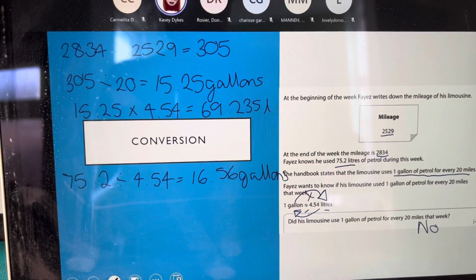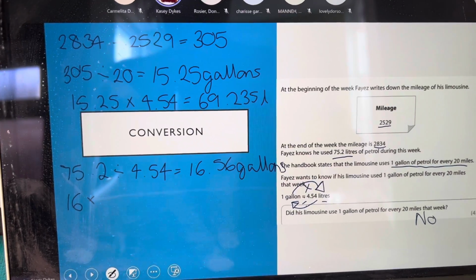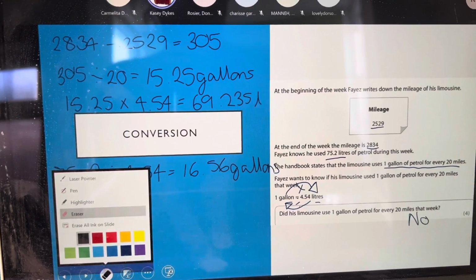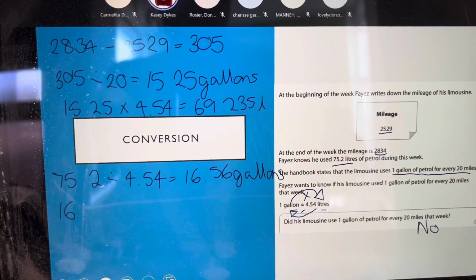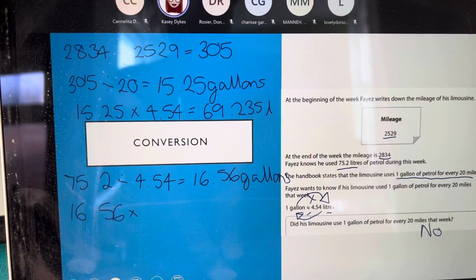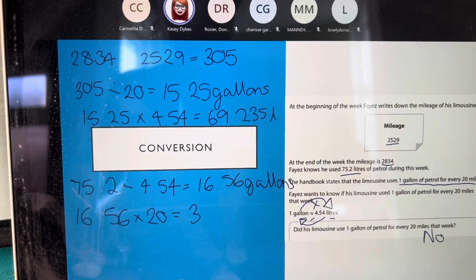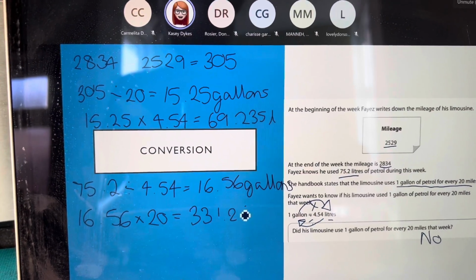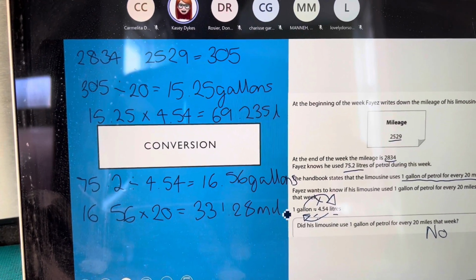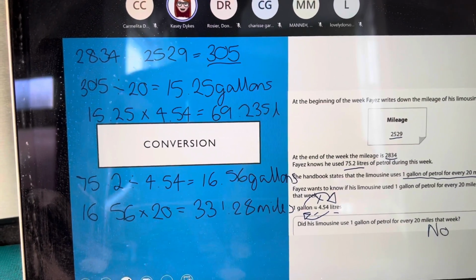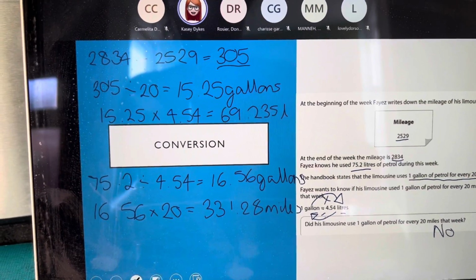I can then times that by 20 to find out how many miles, if it was 20 miles per gallon. And that would bring me out at 331.28 miles. So again, I know that it was 305. So this answer is too high, so still no.